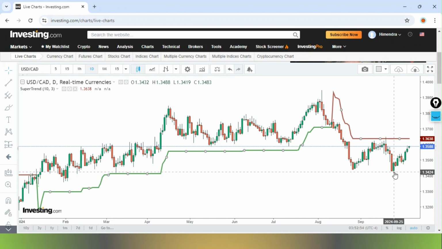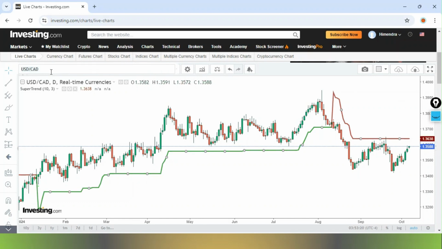That is the profit for the trade. But if I have not exited from this trade, my stop loss will be at 1.364.